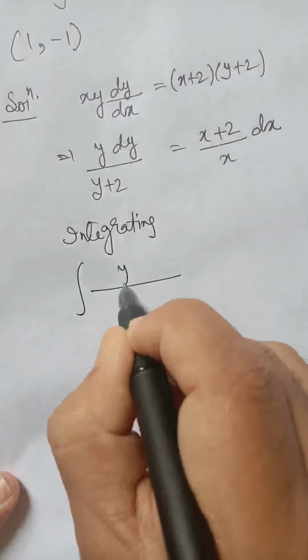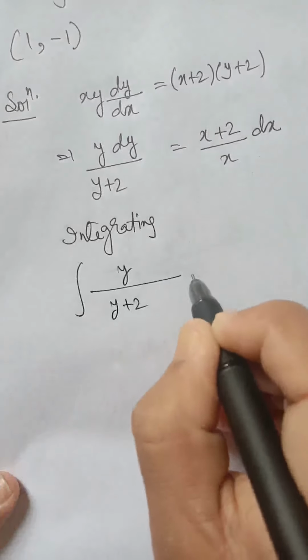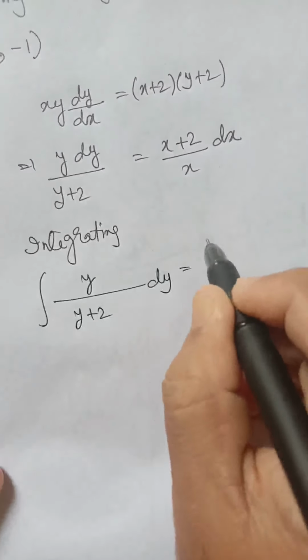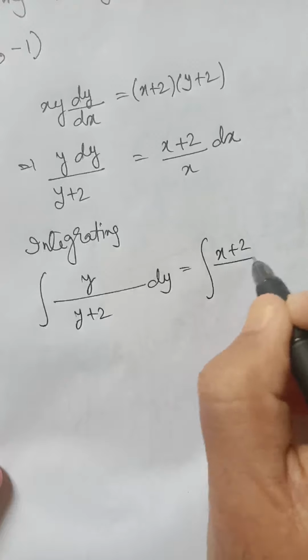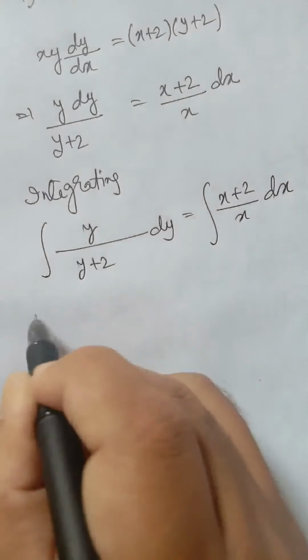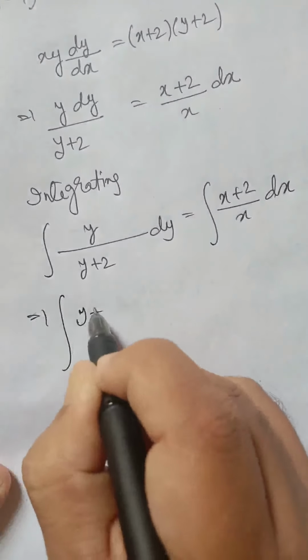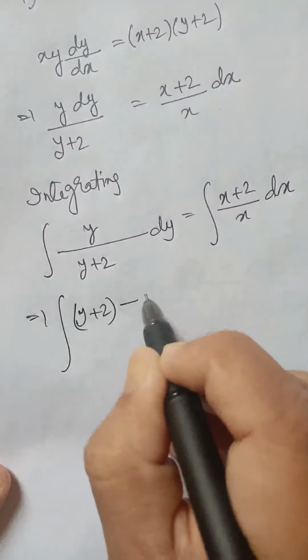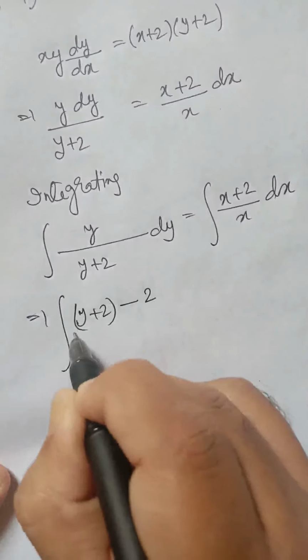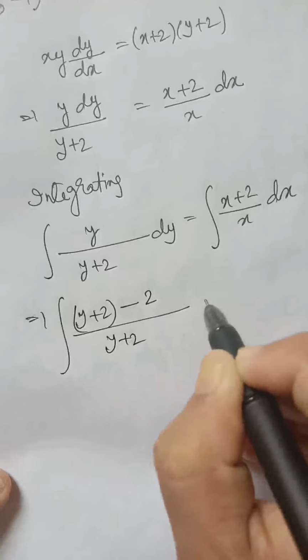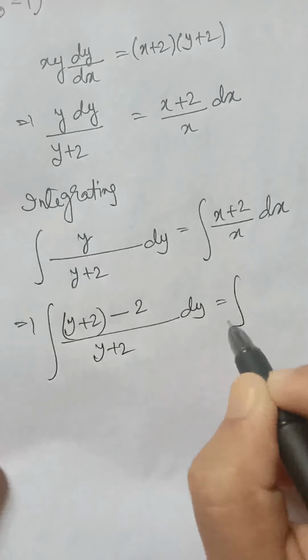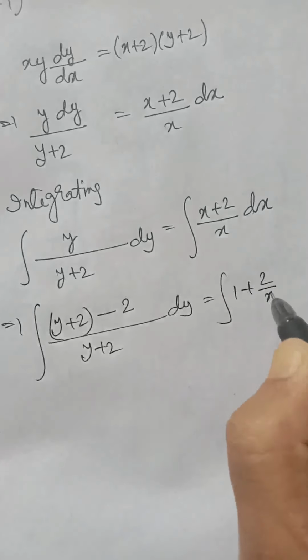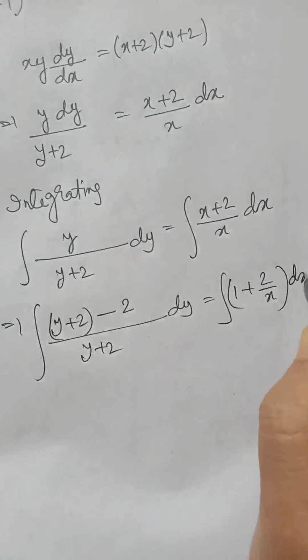(y / (y + 2)) dy = ((x + 2) / x) dx. So y + 2 minus 2 over y + 2 dy = (1 + 2/x) dx.